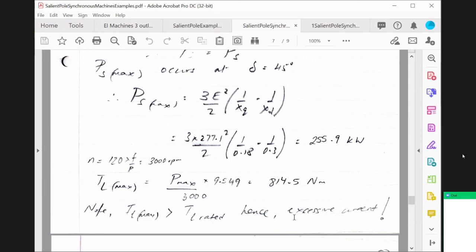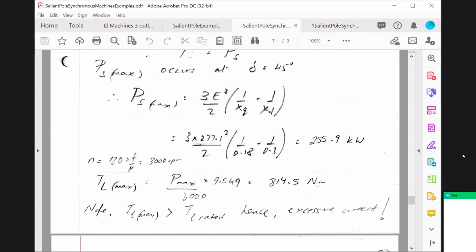Okay, as you can see, when the motor is operating at this particular operating point, the maximum torque, TL max, is 814.5 Newton meters.